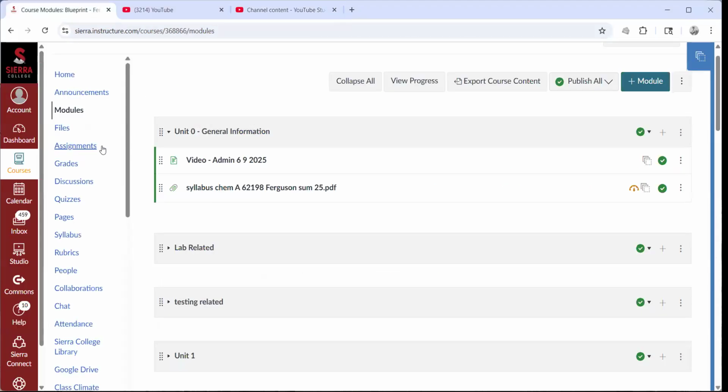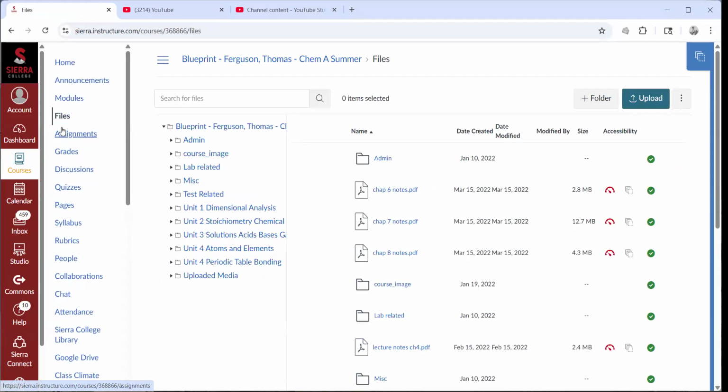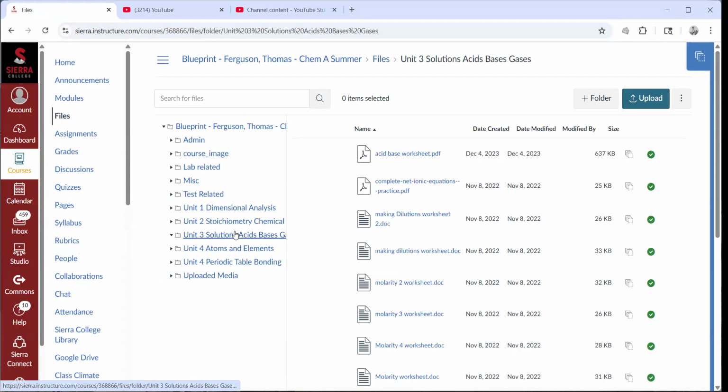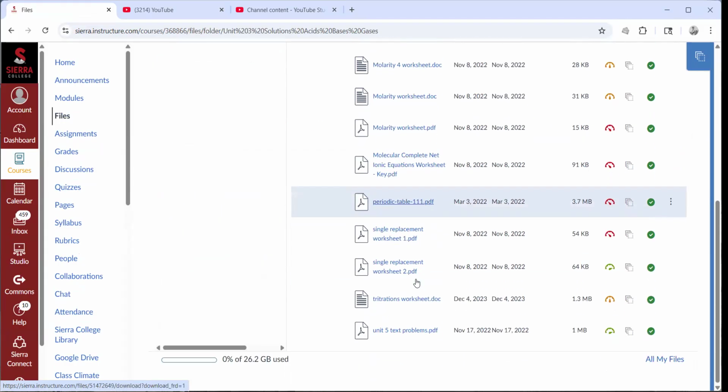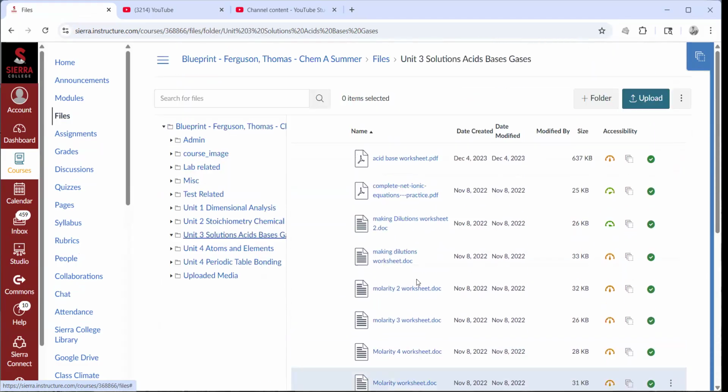If we go to files, acids and bases, you'll find some practice pH problems. Okay, so that's what I wanted to cover today, an introduction to acids and bases. And we're going to start lab early, really early.